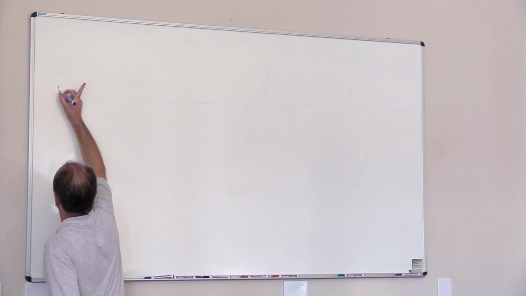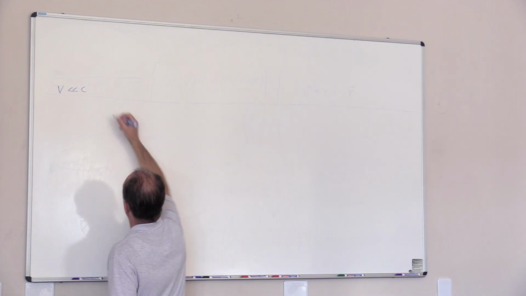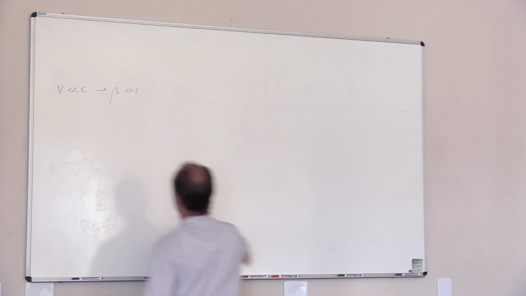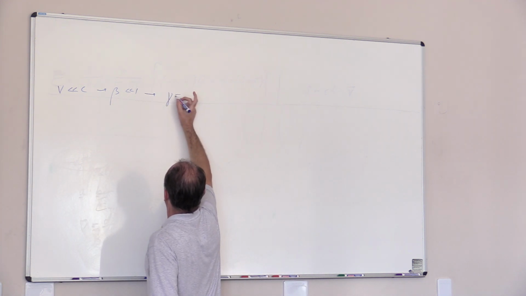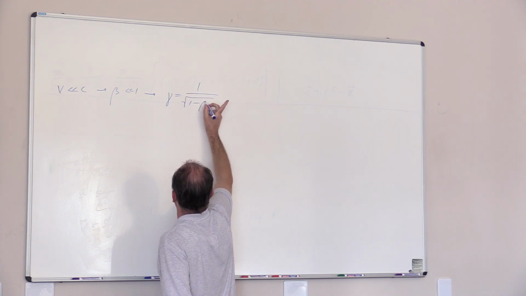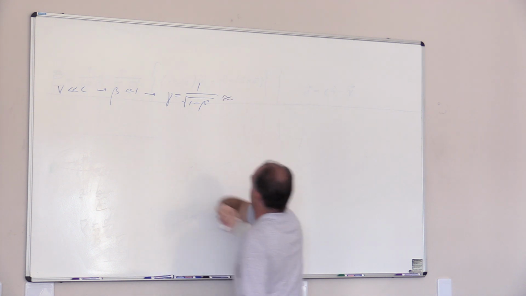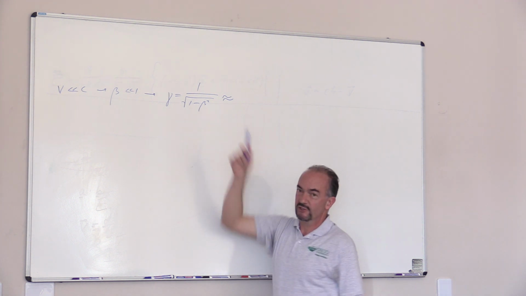If V is much less than C, meaning that beta is much less than 1, then the Lorentz factor is 1 over square root 1 minus beta squared. What's the first order Taylor expansion for beta much less than 1?